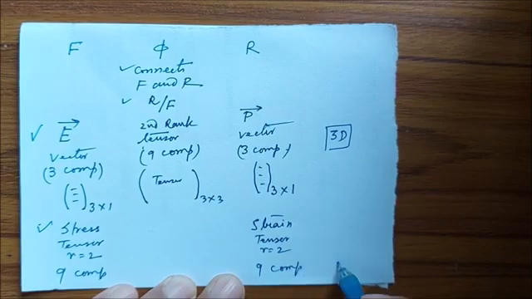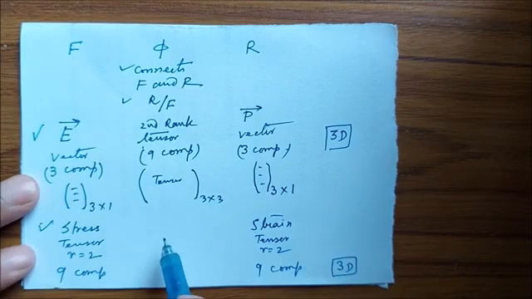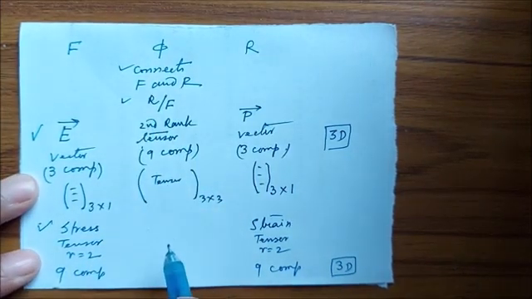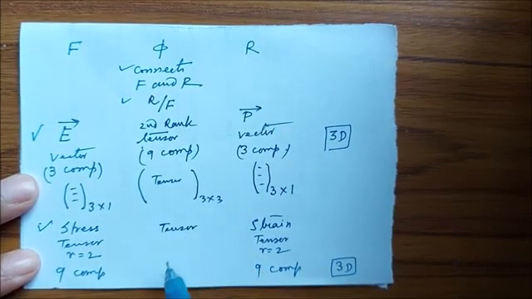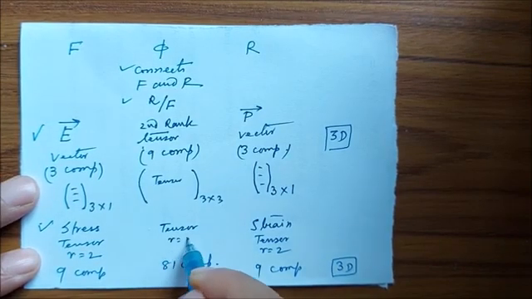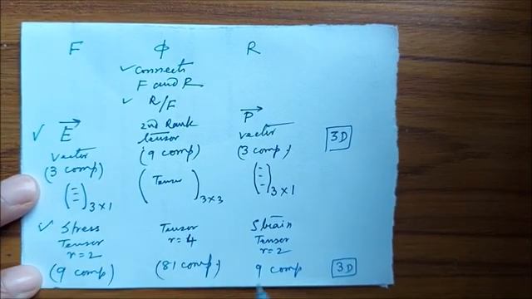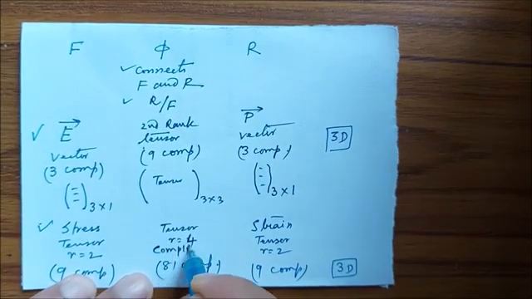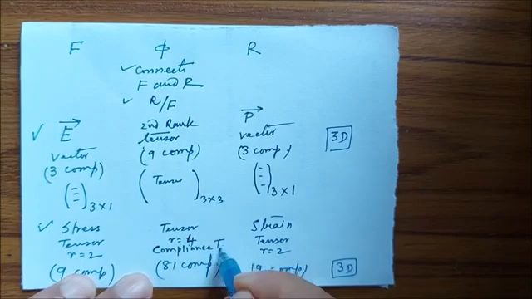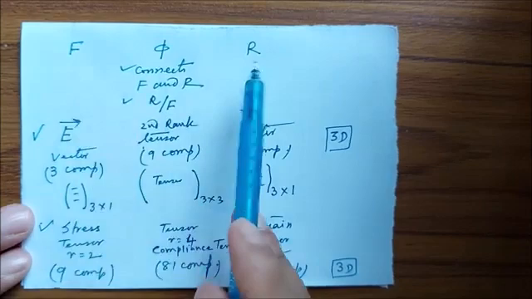So in 3D space it will have 9 components. Now what will be this one, phi here? It will be another tensor and it will have 81 components of rank 4. And the name of this tensor is compliance tensor. So this is how this phi connects the stimuli and the response.